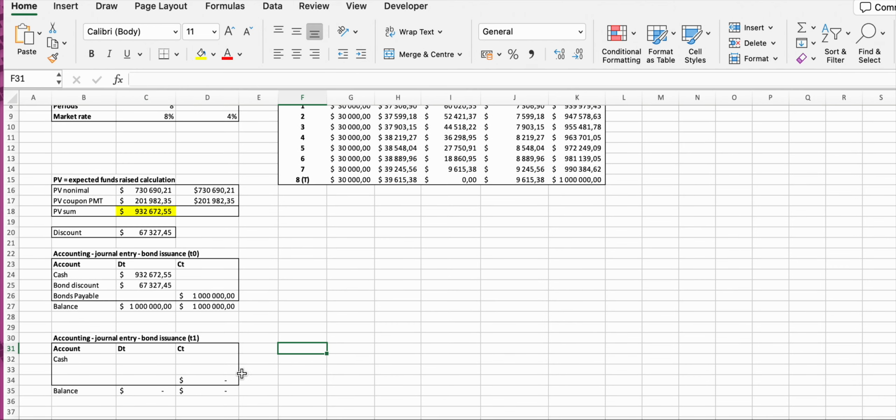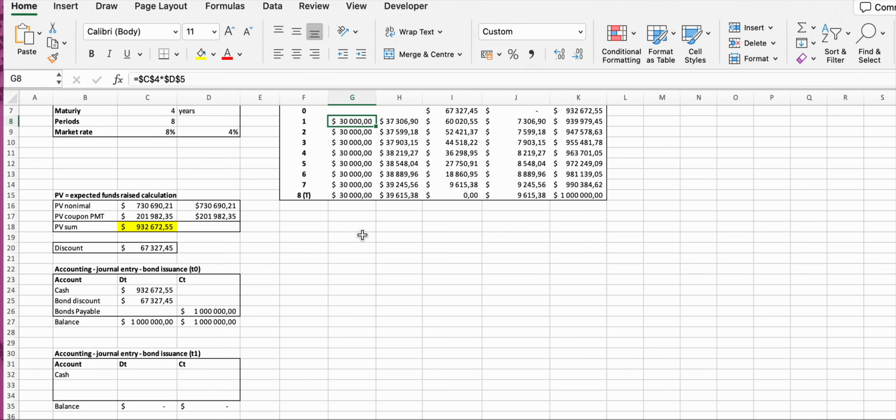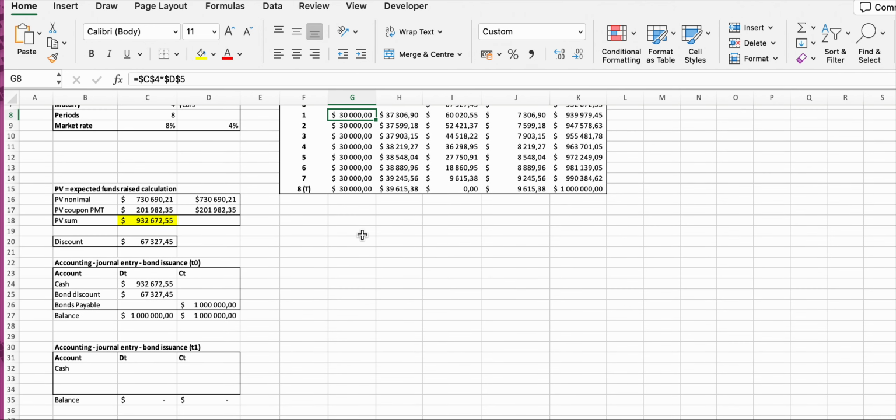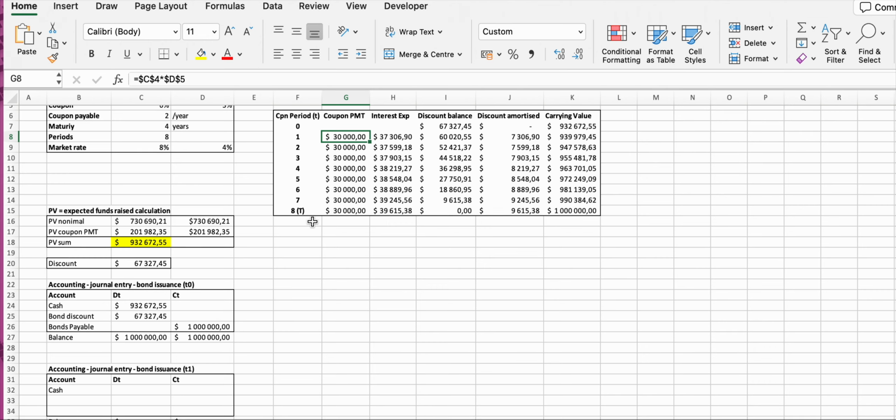So again, the first question we ask ourselves is whether cash is affected or not. We know that cash is affected because we actually need to pay the coupon payment in cash. No matter what the interest expense is, we need to pay the coupon, the 30,000, in cash.